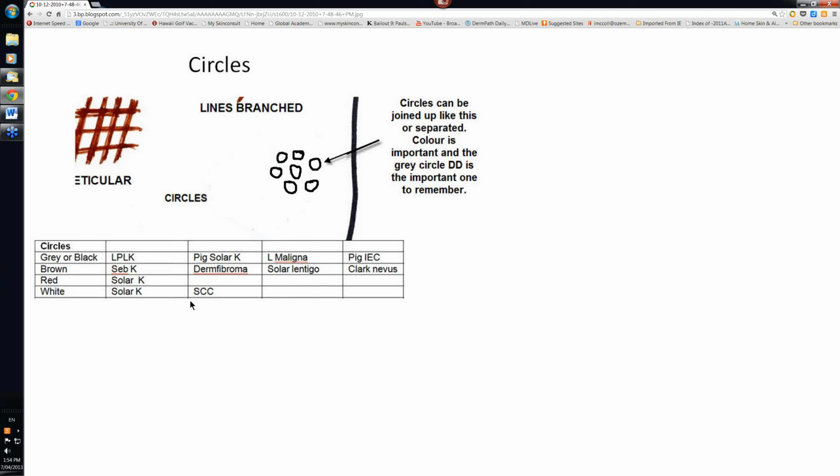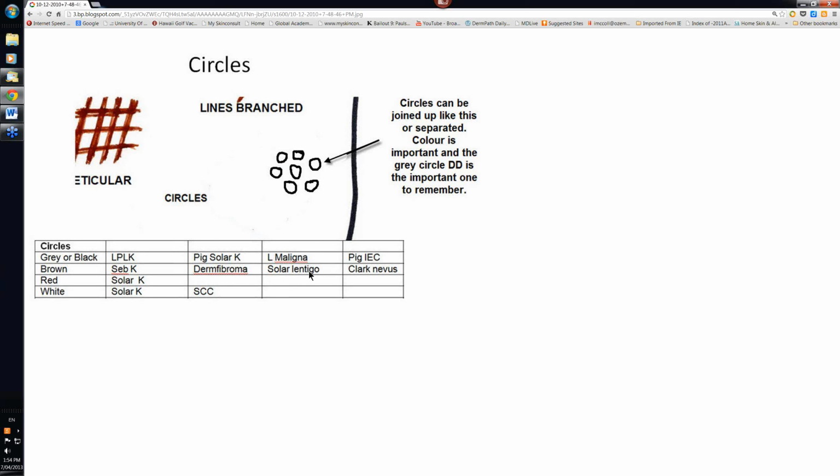But primarily solar keratosis, SCC, and KA and SCC in situ as well. The brown circles, you can see them in all of these: seborrheic keratoses, dermatofibromas, though again that's usually a reticular network around the outside of the white pigmented area.